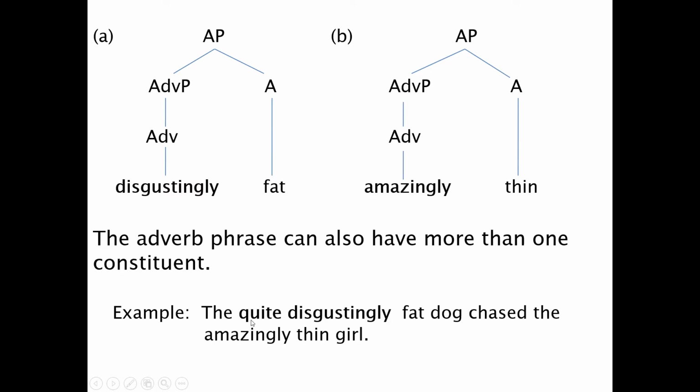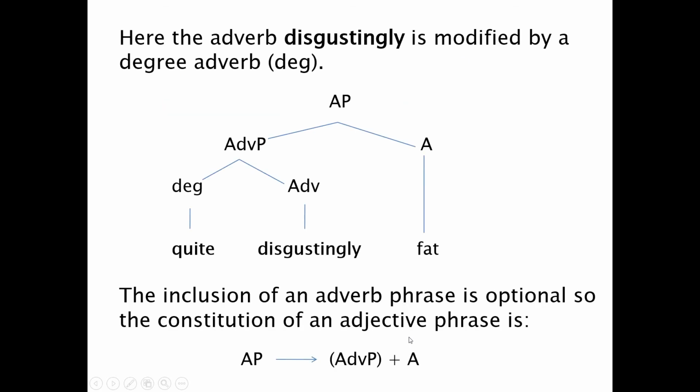So the adverb phrase can also have more than one constituent. Okay, the quite disgustingly fat dog, or the amazingly thin girl. You can say the quite amazingly thin girl. You see, we have quite, that is another adverb. So we have two adverbs pre-modifying the adjective phrase or the adjective fat.